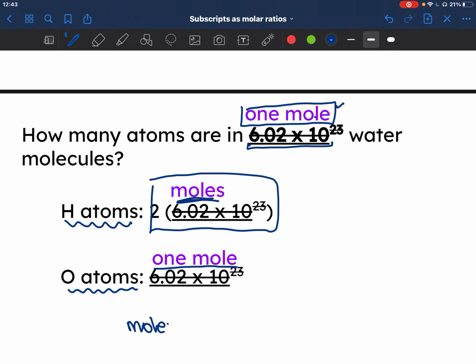Remember, moles can count anything. So in my question, we have a mole of water molecules. Moles are a general unit. They're counting water molecules.